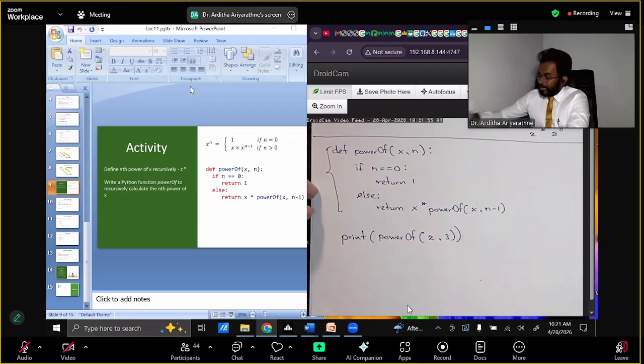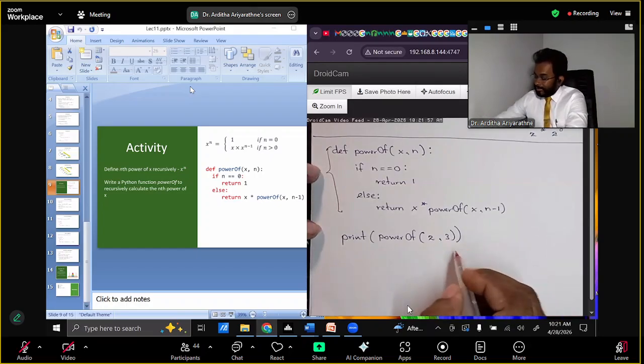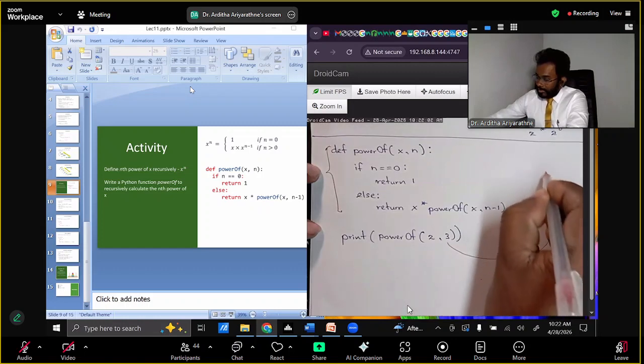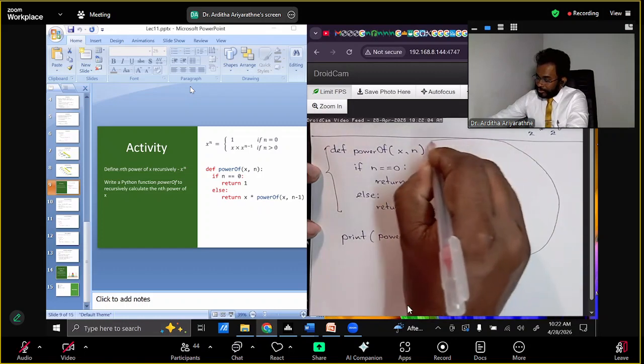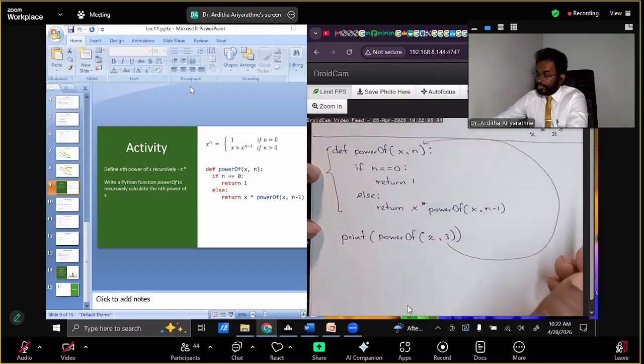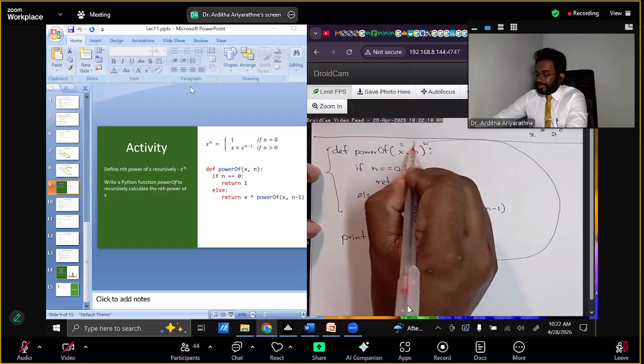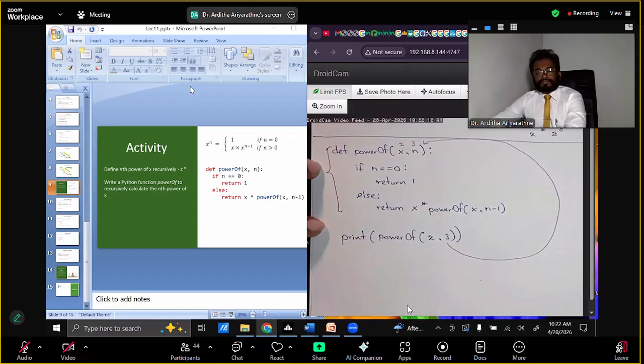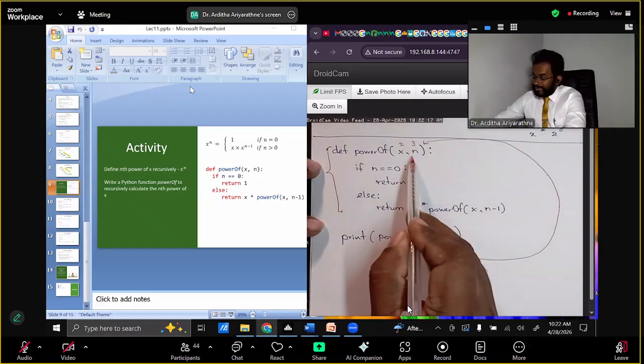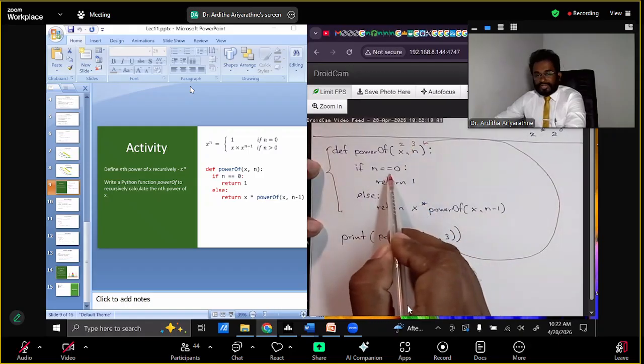Once I have called this, what happens here? I am calling this function with two values, 2 and 3. Now n value is 3, which is not equal to 0.